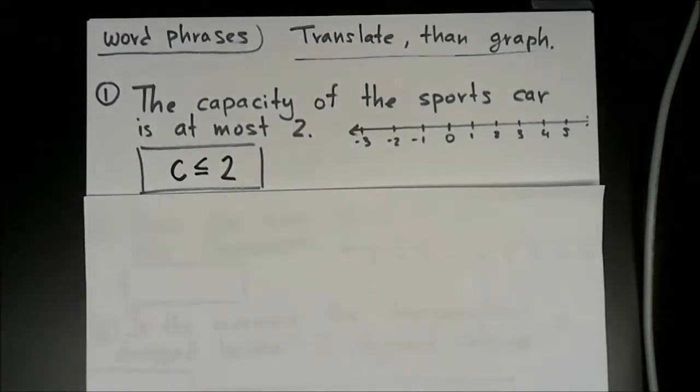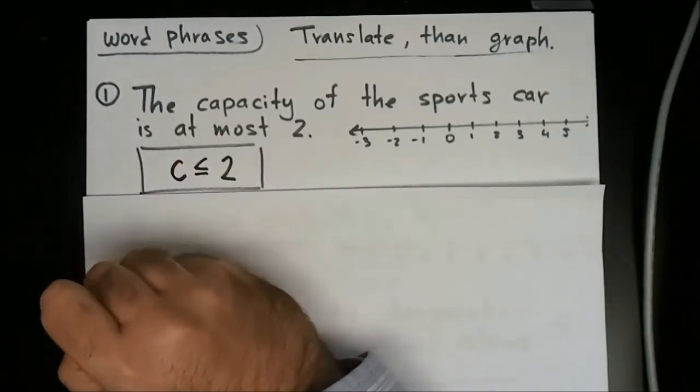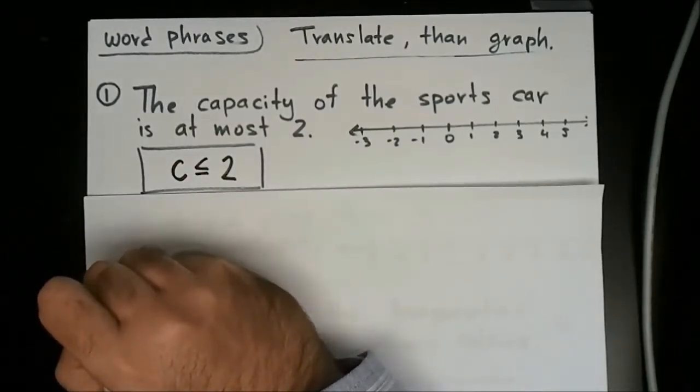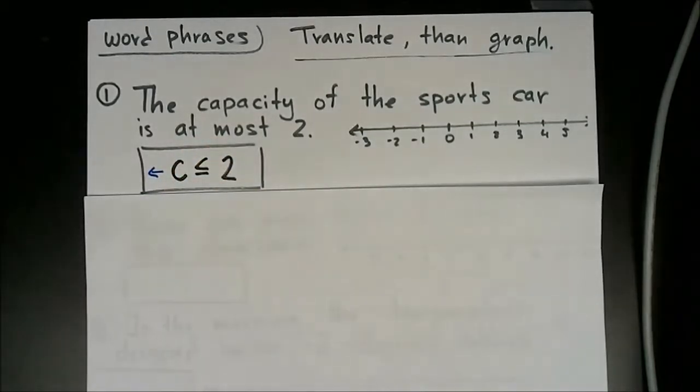And you're almost done. The last part is to graph this, and hopefully that is now easy. So my variable is less than or equal to 2. Which direction am I going? The pointy end is facing towards the variable. Which direction? Left, of course. Always left if the pointy end faces the variable.